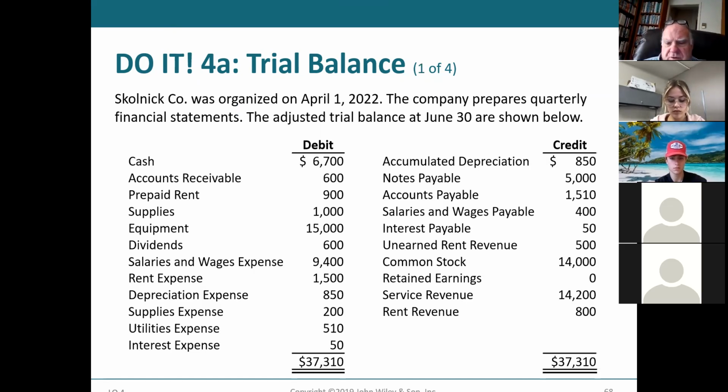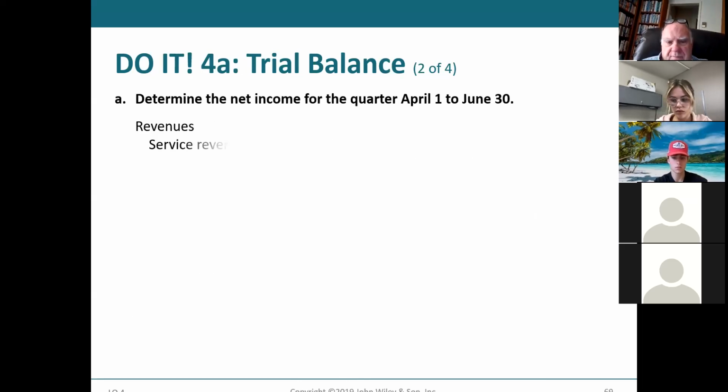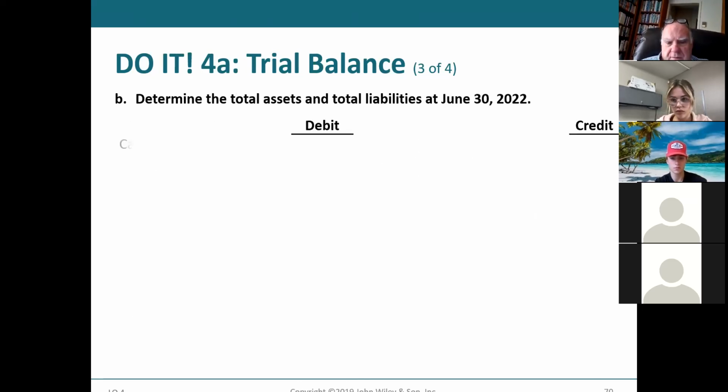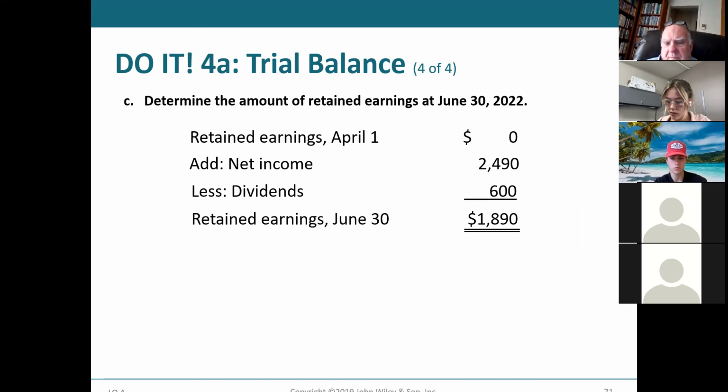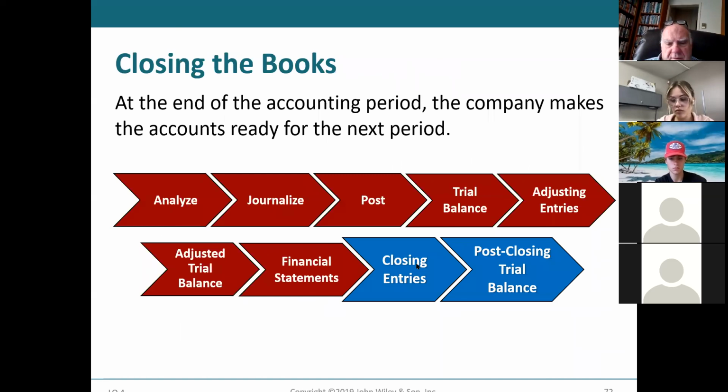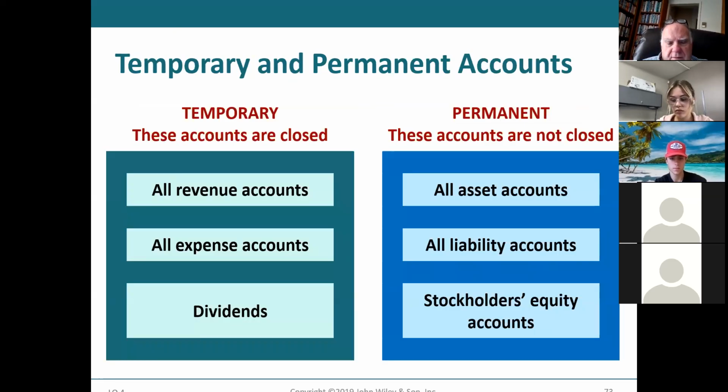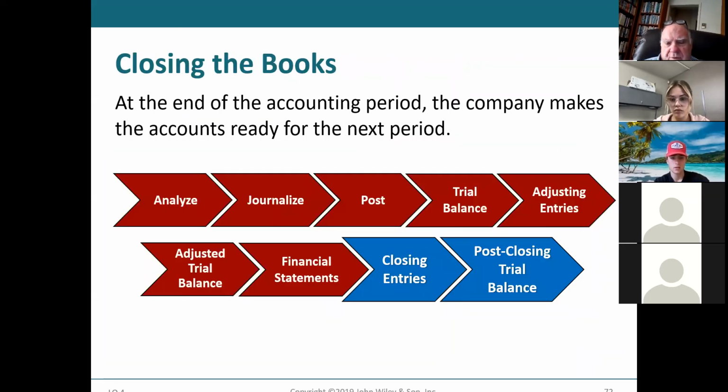Let's see if we can find retained earnings. Retained earnings was zero. We had net income of $2,490 minus the dividends, $1,890. And then we'd be able to do the balance sheet after that.